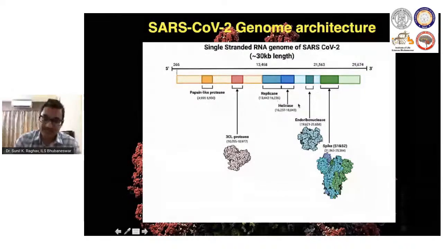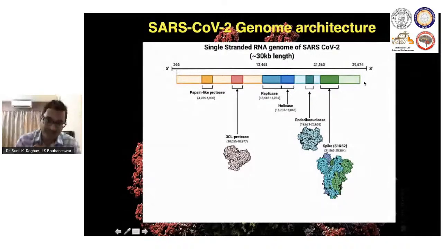And this is a single stretch, which has a poly A tail here at the end. And this leads to production of different proteins like these proteases, as you can see here. Then replicase. This replicase is basically the RdRp gene, RNA dependent RNA polymerase, that helps in the replication of this RNA inside the host cell.